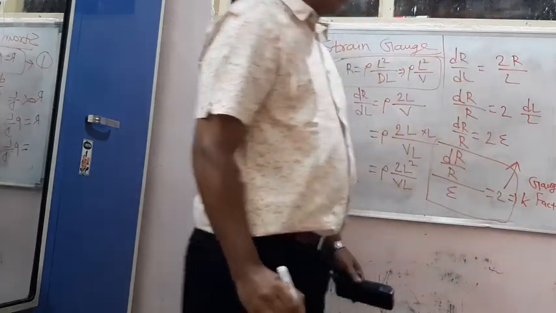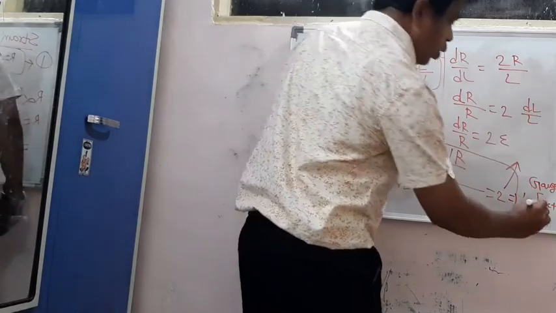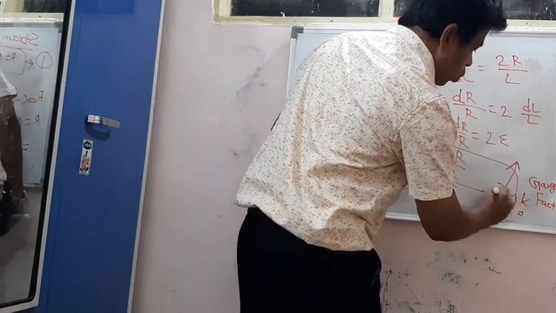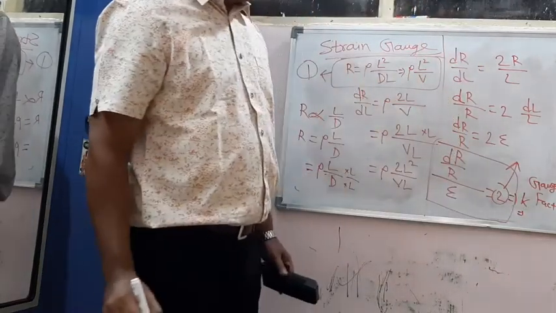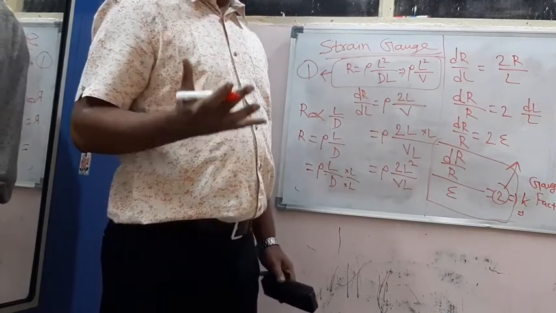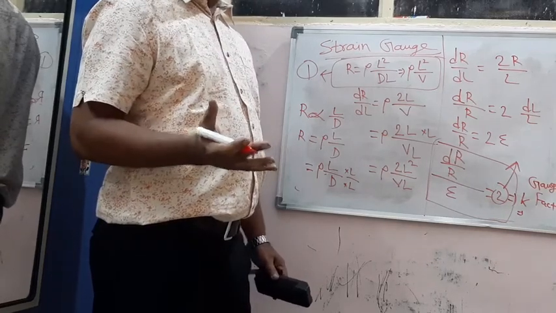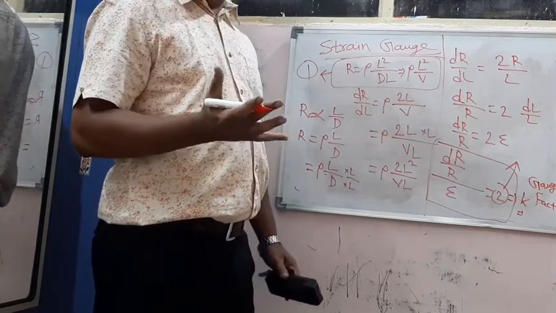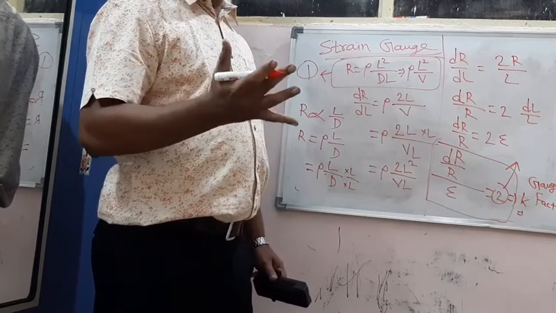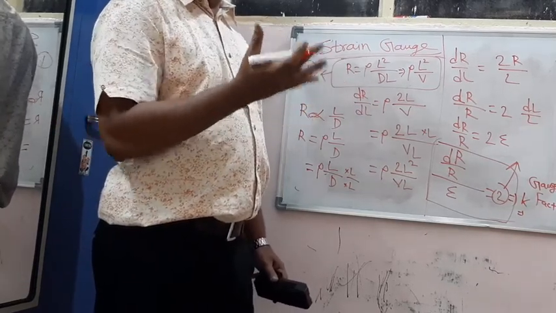For mercury, the value of gauge factor is exactly 2. For other metallic materials and other semiconducting materials, it will be different. So based on the gauge factor magnitude, we can tell the sensitivity of the particular strain gauge.